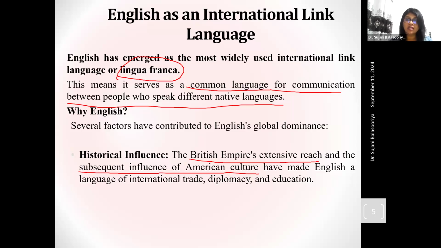So American English is also somewhat domineering now. Okay. And as a result, what we call the standard English language has become the international language when we are talking about international trade and diplomacy, education, so many things, right? So historical influence is one factor that has contributed to the present status of the English language.